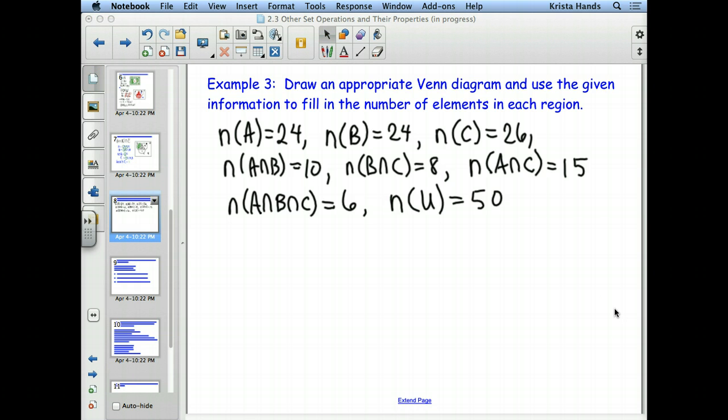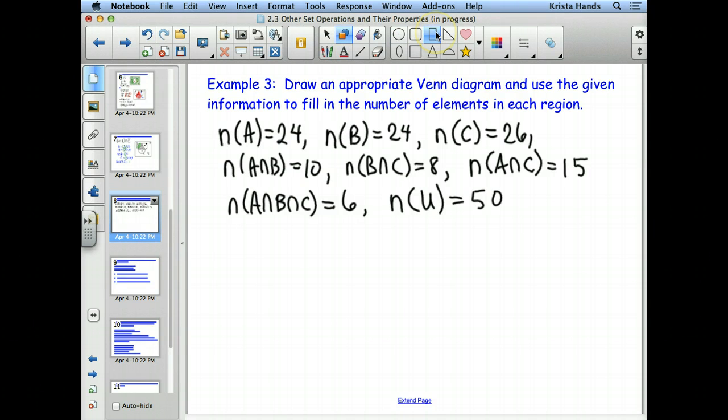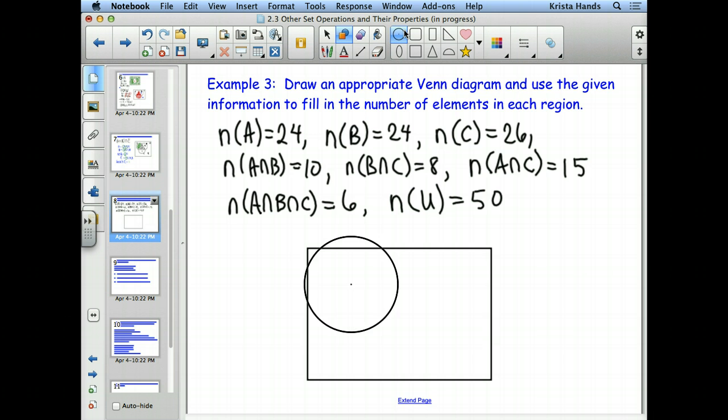Okay, so taking a look at this, the first thing we have to figure out is when I draw my Venn diagram, how many circles am I going to have? 3. Do you see all 3 of them? A, B, and C? Okay, so I'm going to draw a Venn diagram, the outer rectangle, and I'm going to have 3 circles.